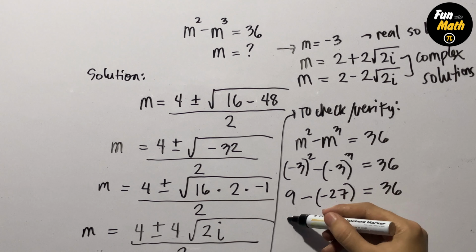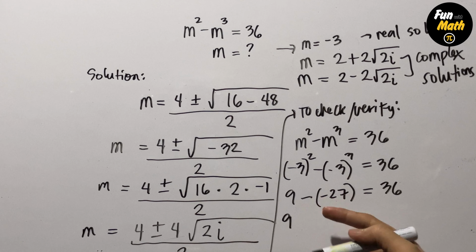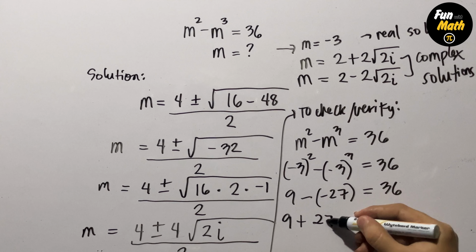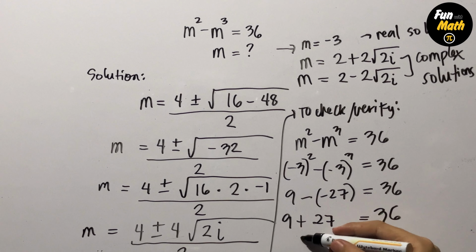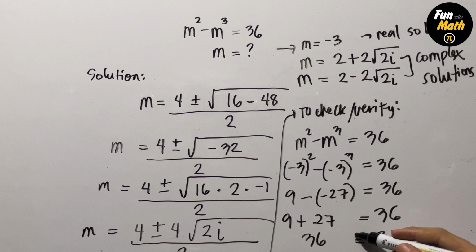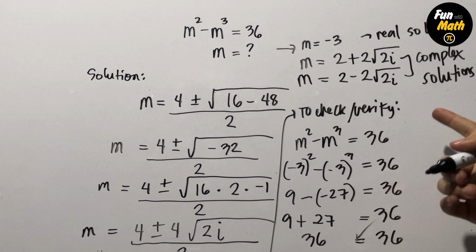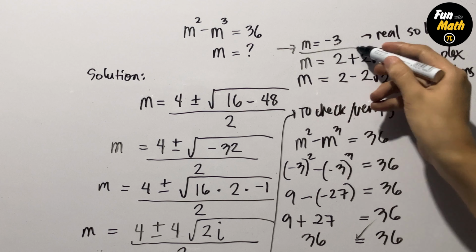Now this is 9, and these are both negative, so if we combine, that is plus 27 is equal to 36. 9 plus 27 is 36, so 36 equals 36. So it is correct. One of the solutions, which is the real solution, is correct.